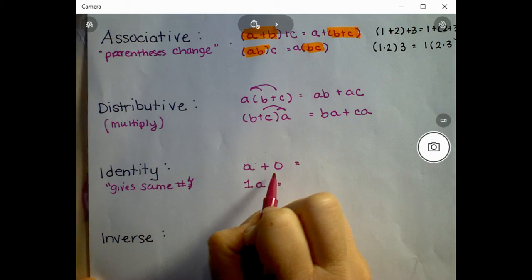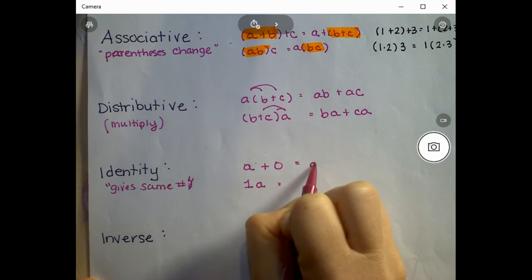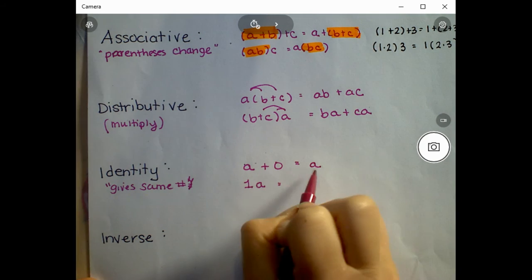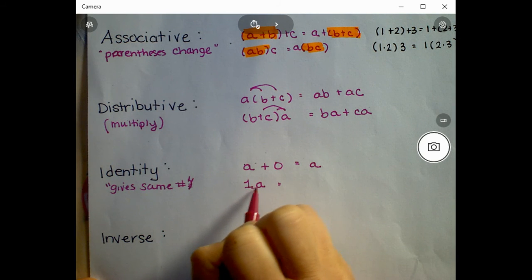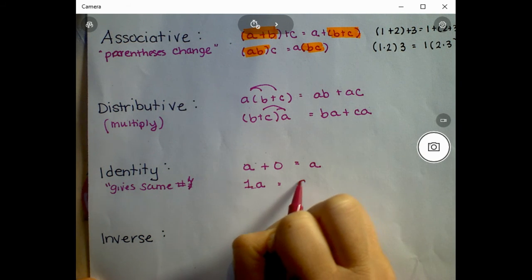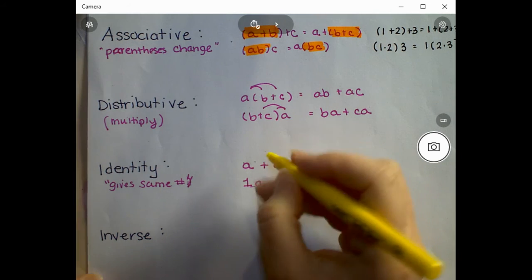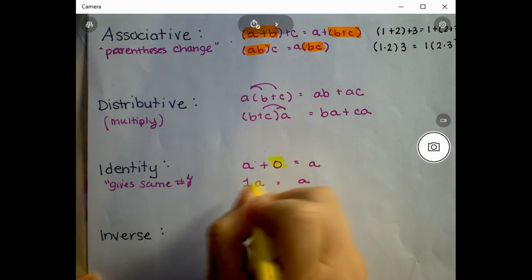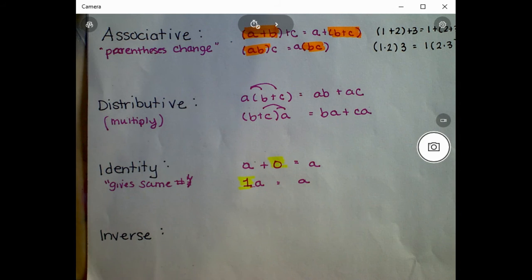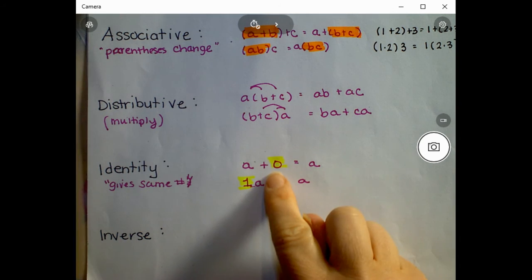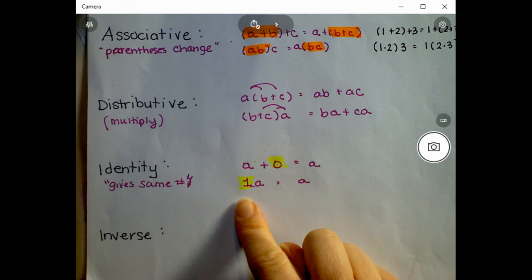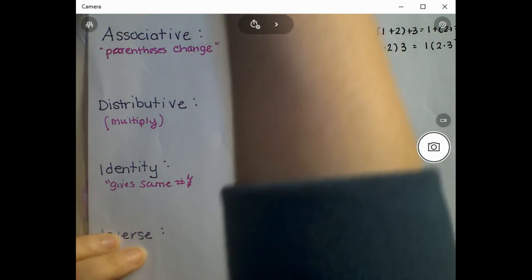What is a plus 0? It equals a. Anything you add 0 to equals itself. Anything you multiply by 1 equals itself also. So the identity is the number that gives you back what you put in. The additive identity is 0, and the multiplicative identity is 1. Just a vocabulary word you might want to know.